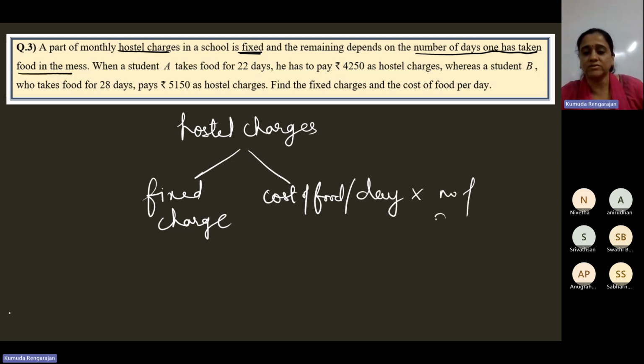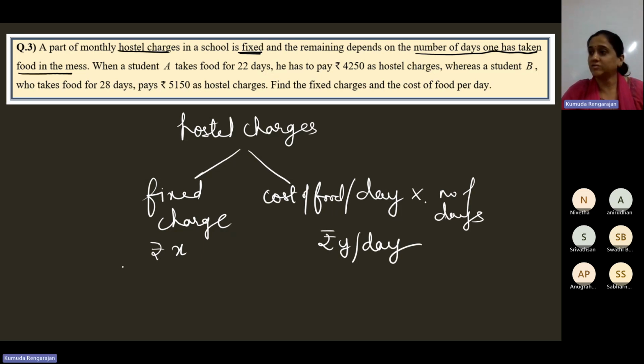These two put together will be the hostel charges. So let the fixed charge be rupees X, and let the cost of food be rupees Y per day.